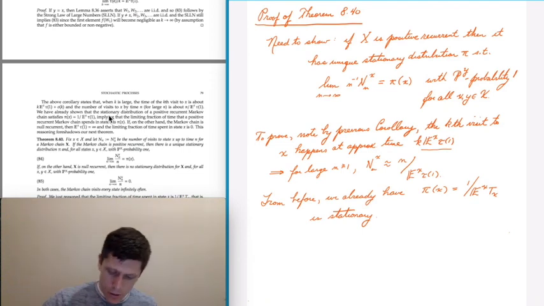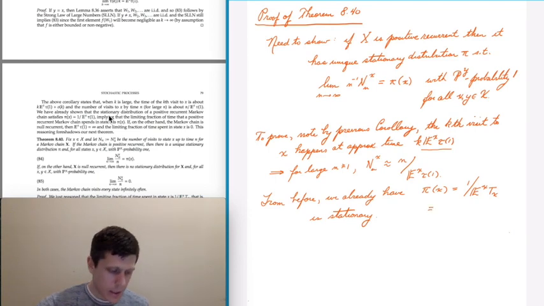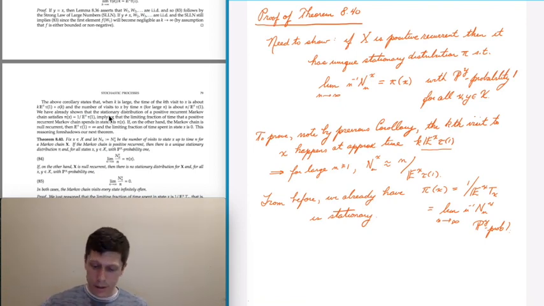But we also know that this is equal to the limit of the amount of time the chain spends, with Py probability 1. And so what we want to show then is that this also holds for all y.